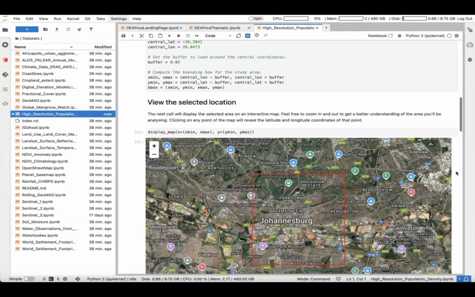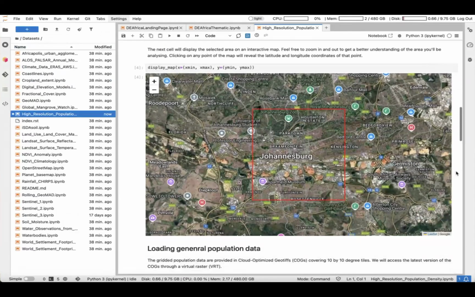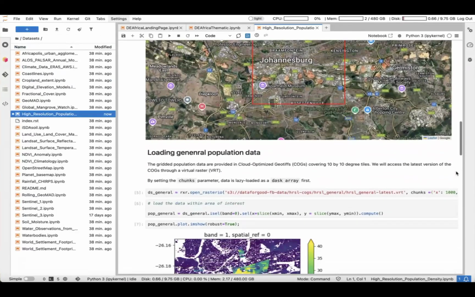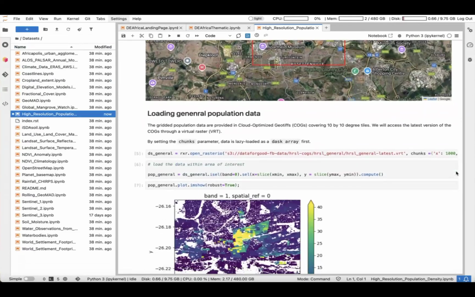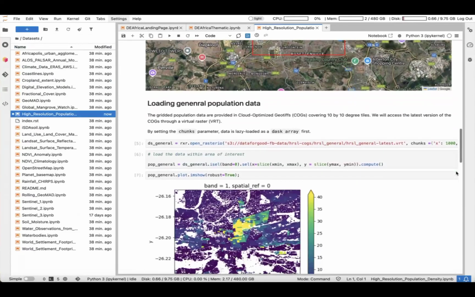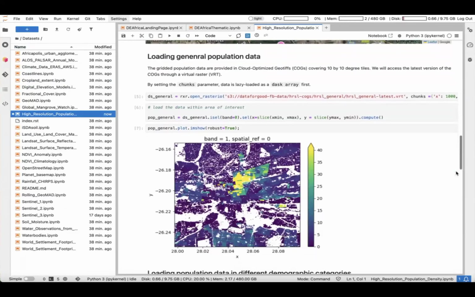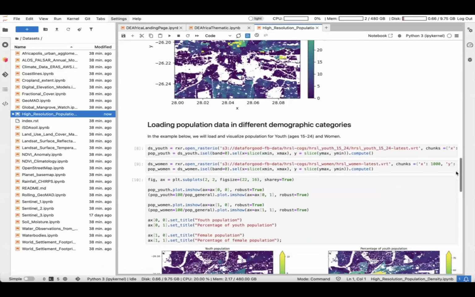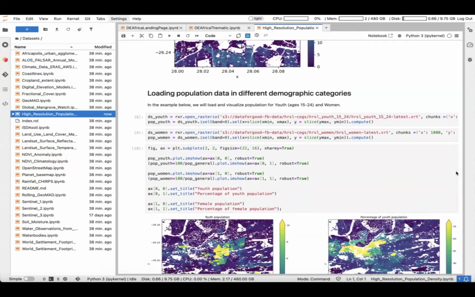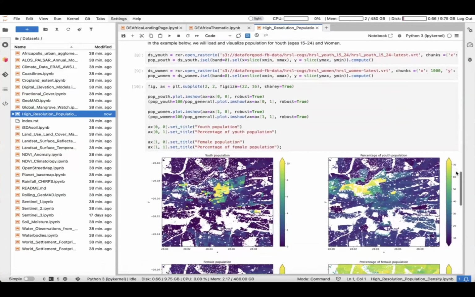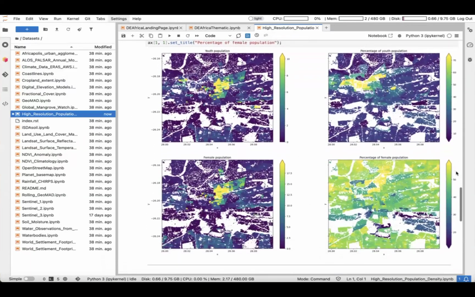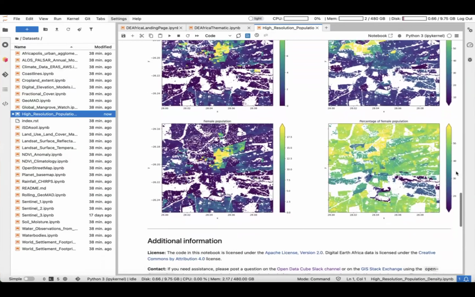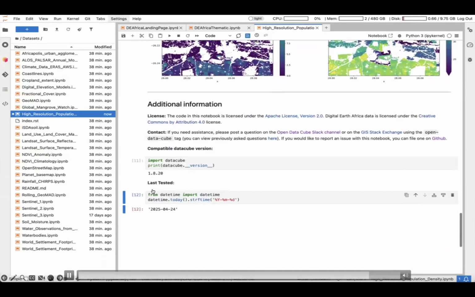Just looking at an example of Johannesburg, we can see, just clipping the data to see what is actually within the data sets, the aggregation of population, in terms of age, gender, and the youth. So this is just data which has been stored in a repository and being able to clip it for your area, looking at youth and the female, etc.